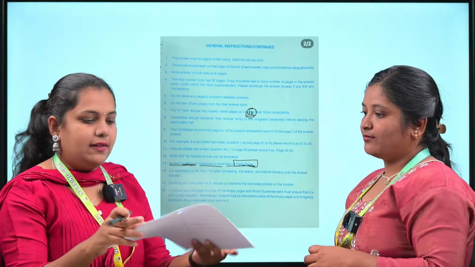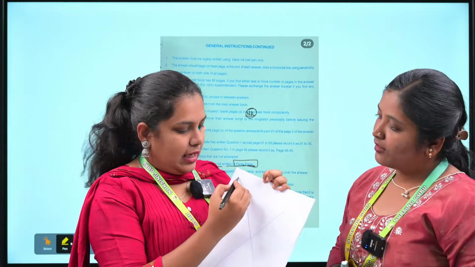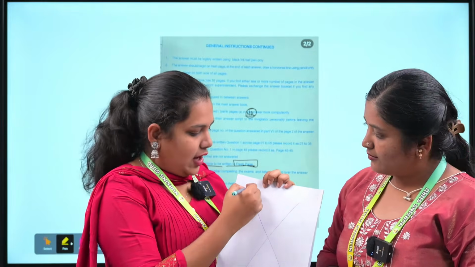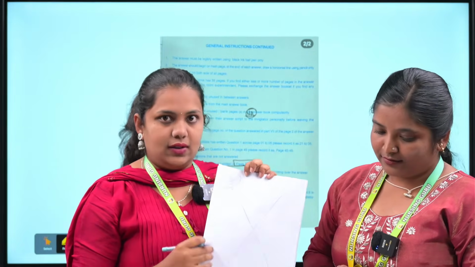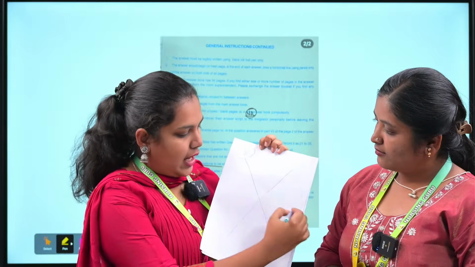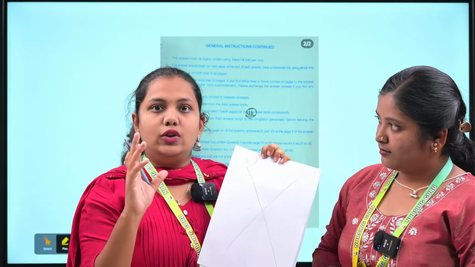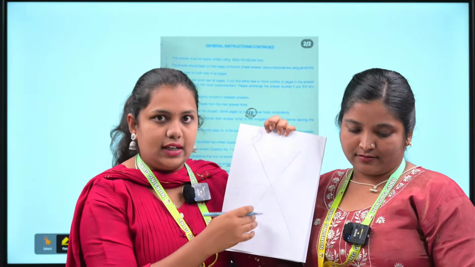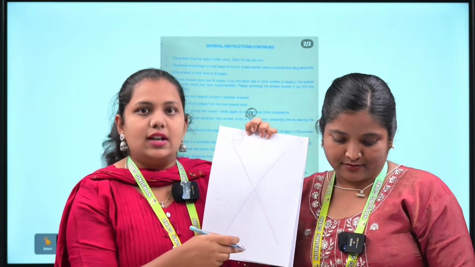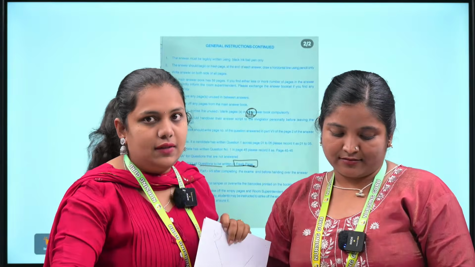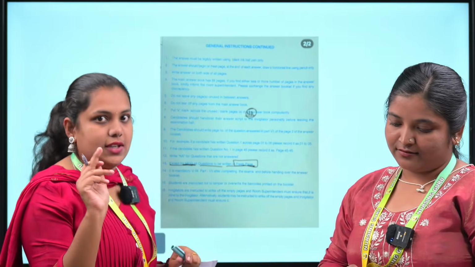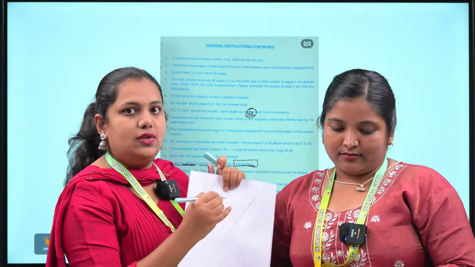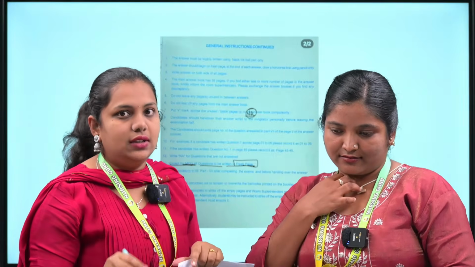For example, if you have written question number 8 on the first page and your answer is covered up to here, don't write question number 9 or any other question below it. Start your answer on a fresh page. Except for MCQs, for questions 11, 12, 13, you can write the option along with the answer.